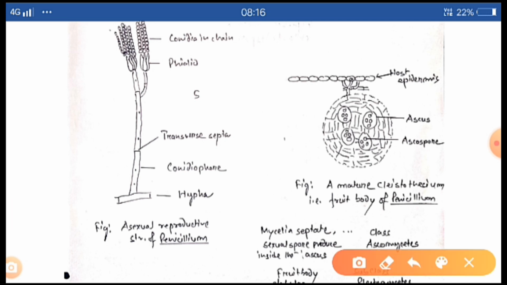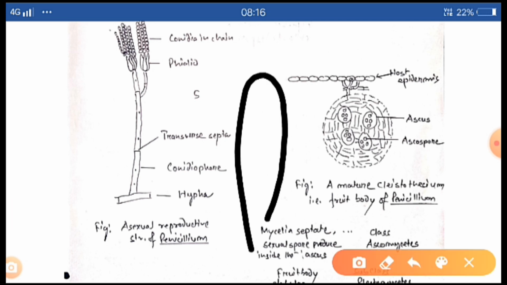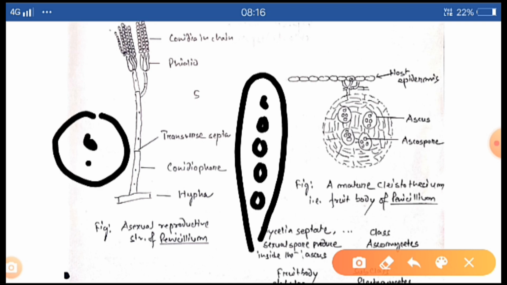Suppose this one is an ascus and spores will be produced inside this. Here in case of Penicillium, the ascus is like this.